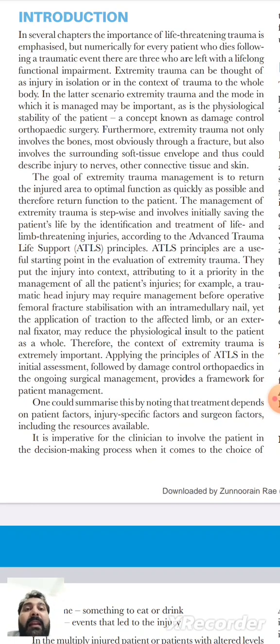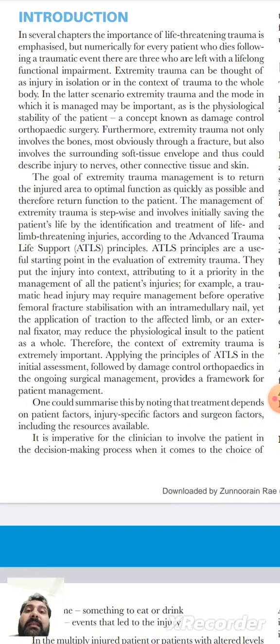So, extremity trauma can be thought of as injury in isolation or in the context of trauma to the whole body. There can be extremity trauma with an isolated fracture like fracture of the tibia, fibula, femur, radius, ulna or humerus, or there can be extremity trauma associated with trauma to the whole body, like closed fracture of the tibia with a tension pneumothorax.